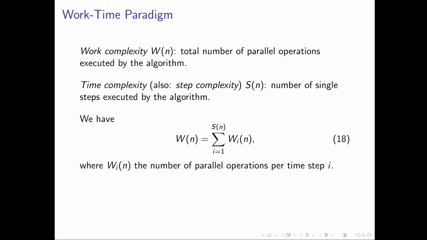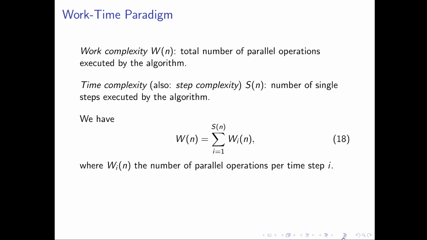On the one hand, we have work complexity, which is just the total number of parallel operations that the algorithm executes. And then we have time complexity, which is the number of single steps executed by the algorithm, also called the step complexity, S of n. So we have a complexity with regards to the actual work, and then we have complexity with regards to the number of time steps that are performed, assuming that some of the work can be performed in parallel.